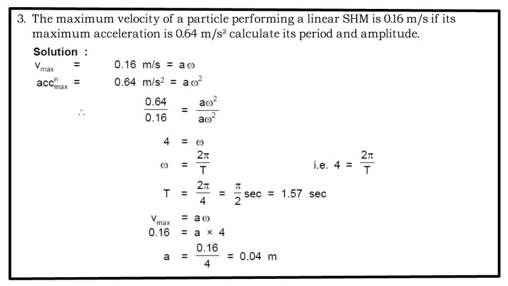Divide that, you will get the value of omega. Omega is equal to 2 pi by t, so you get the value of t, that is 1.57 seconds. Now I know Vmax is equal to a omega. I got the value of Vmax, I know the value of omega, so I can get the value of a, that is 0.04 meter.